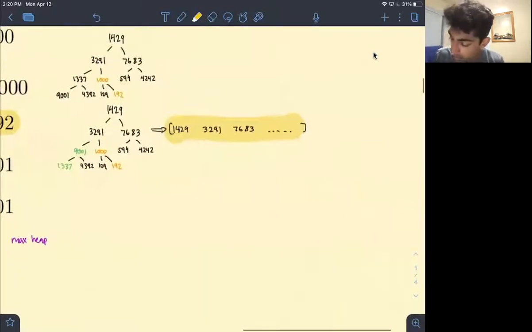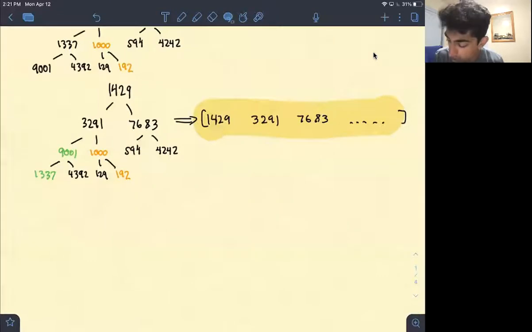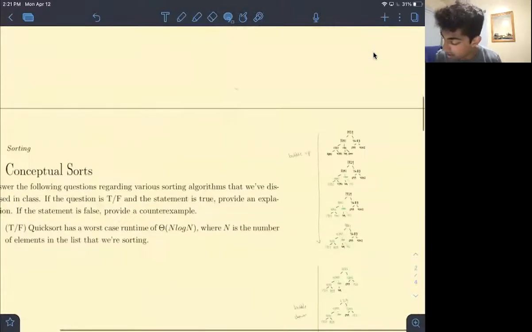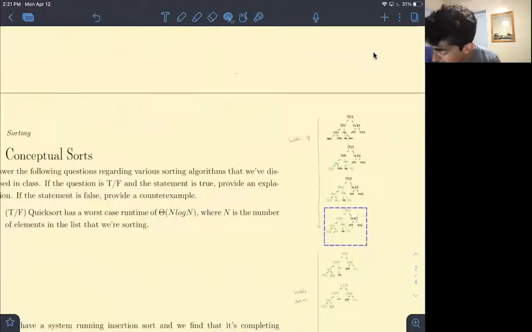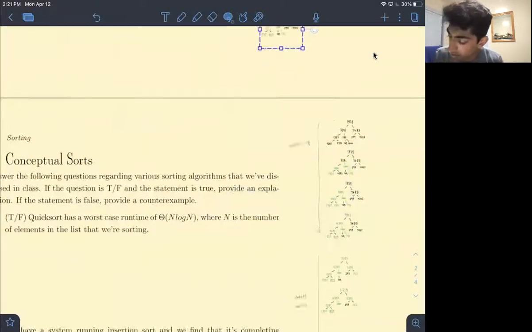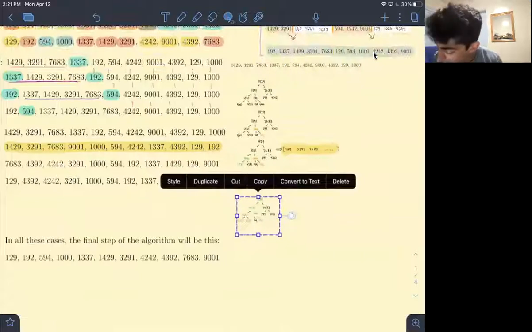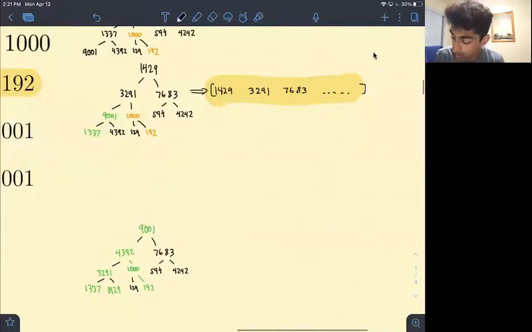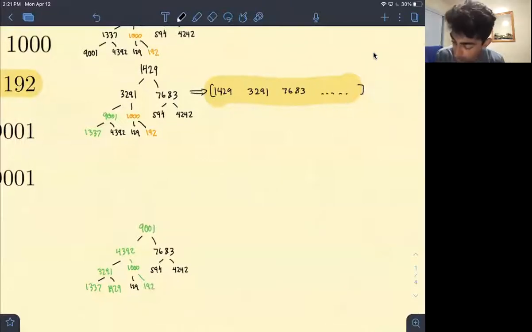Okay, so we're still making it into a max heap. We have a couple more steps, but I'm going to cut those for the sake of time and move to that state. So I skipped 2 steps in that we bubbled down 7683, 3291, and 1429.